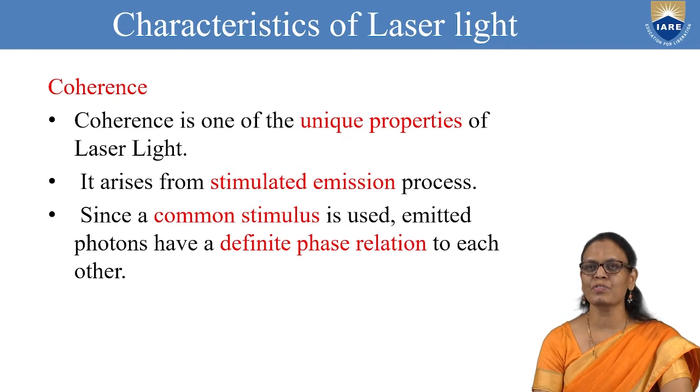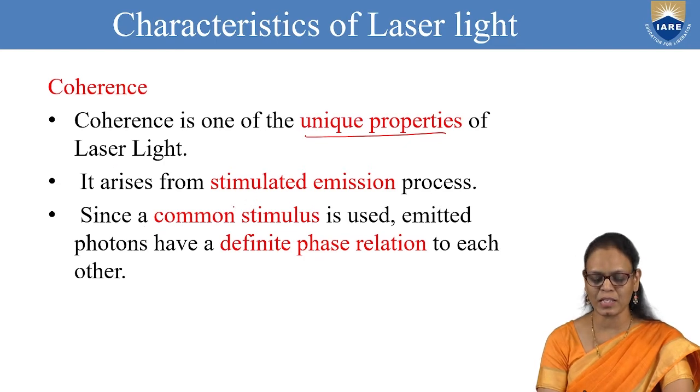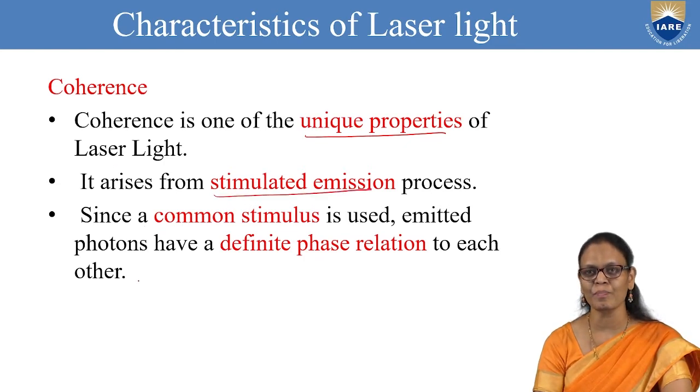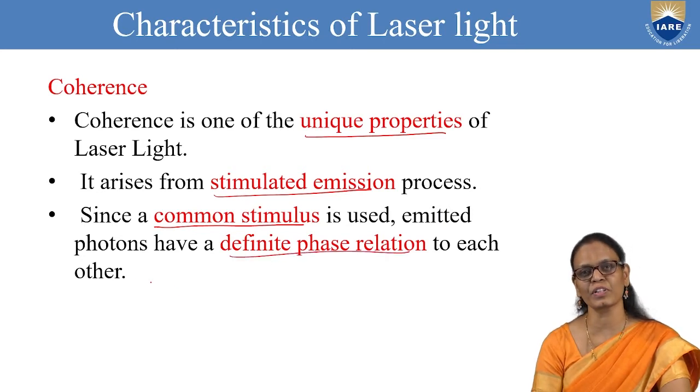Now, what we need to understand about coherence is that it is one of the unique properties of light. It arises from stimulated emission, and in stimulated emission, a common stimulus is used. The emitted photons have a definite phase relationship with each other.